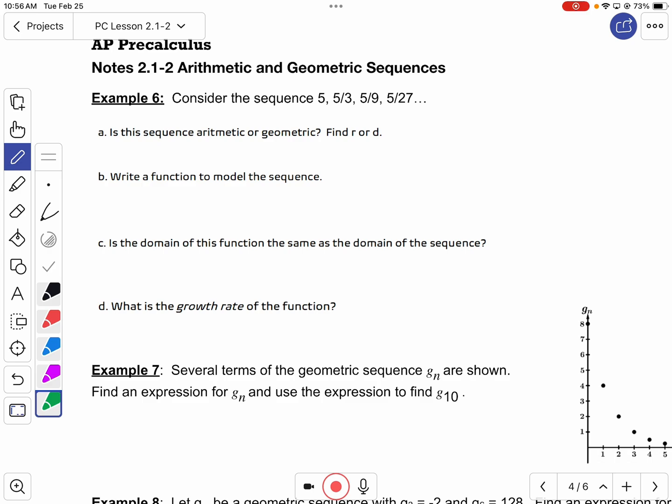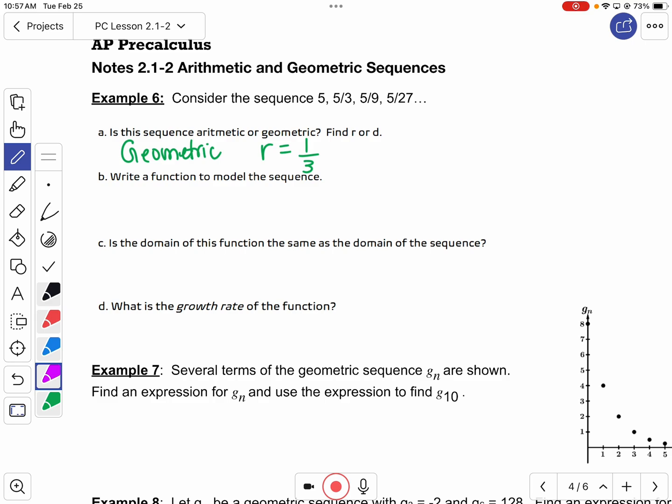It's geometric. What are we multiplying by each time? It's dividing by 3, so that as a fraction would be 1/3. Yep, we're multiplying by 1/3. Good. We took 5, we divided it by 3. We divided by 3 again, we get a 9 in the denominator. Divide by 3 again, we get a 27.